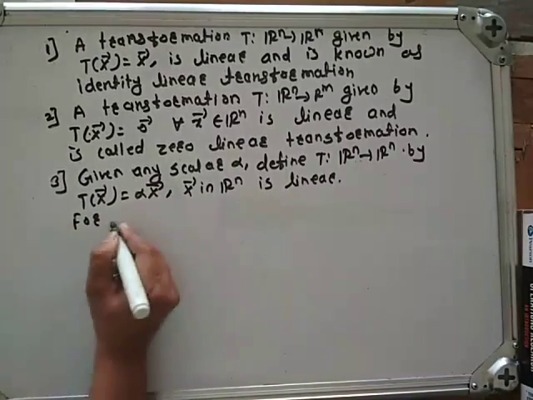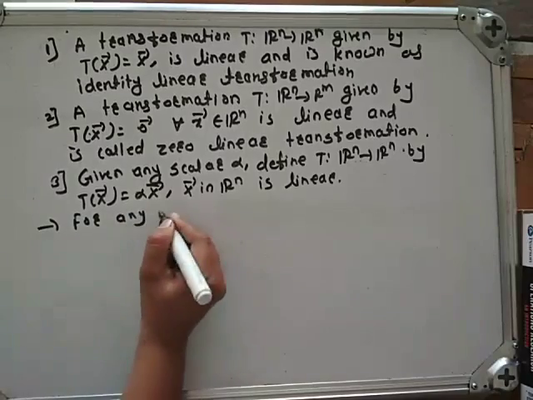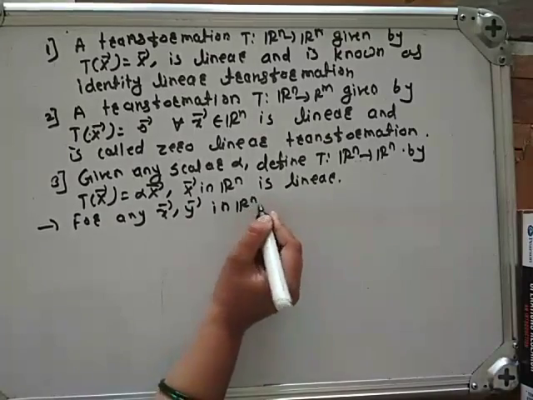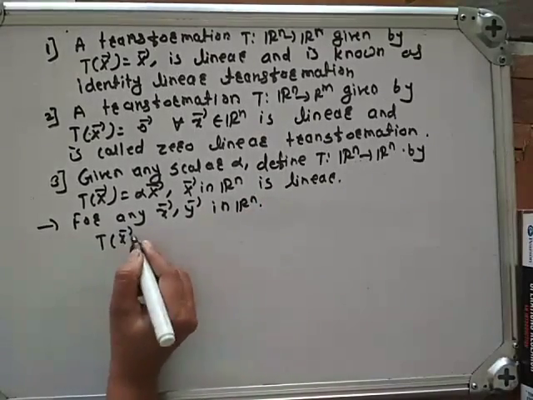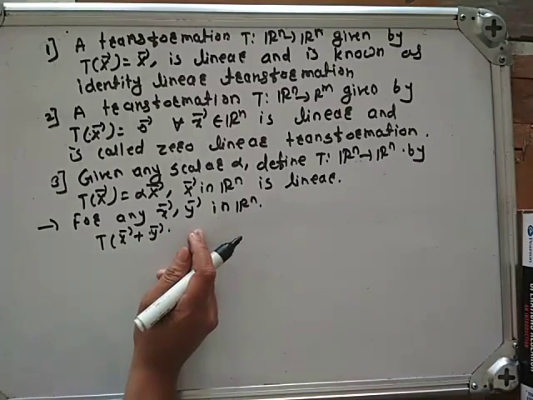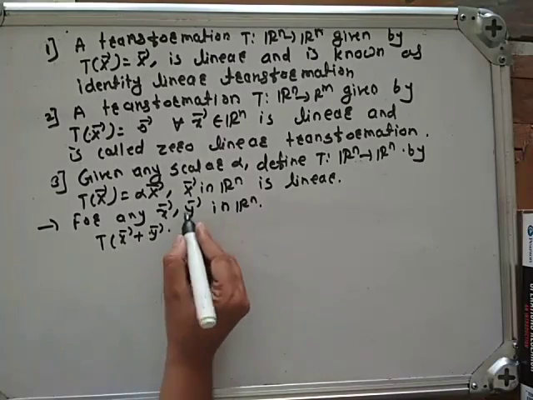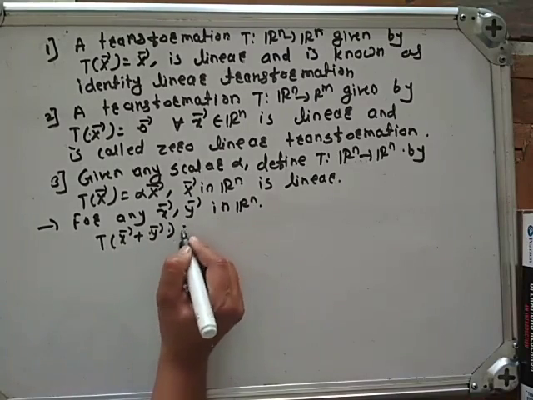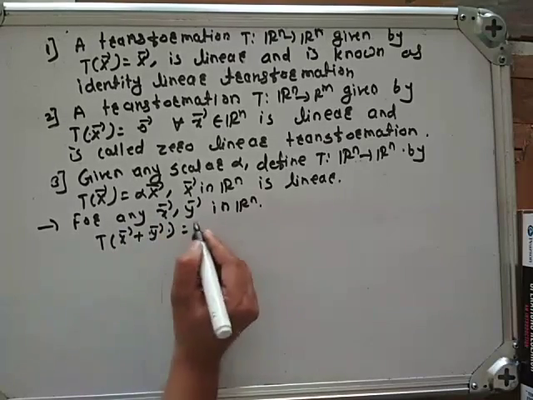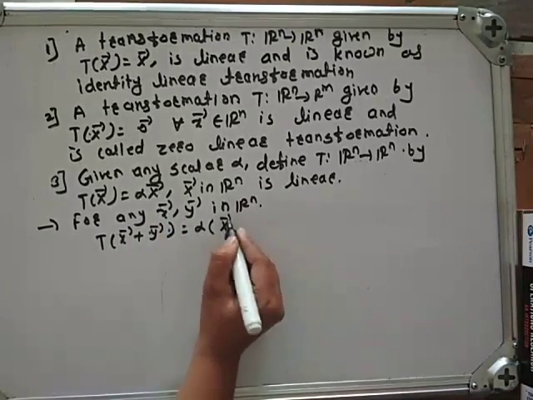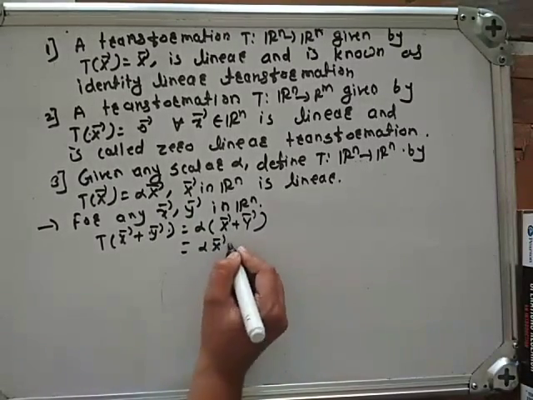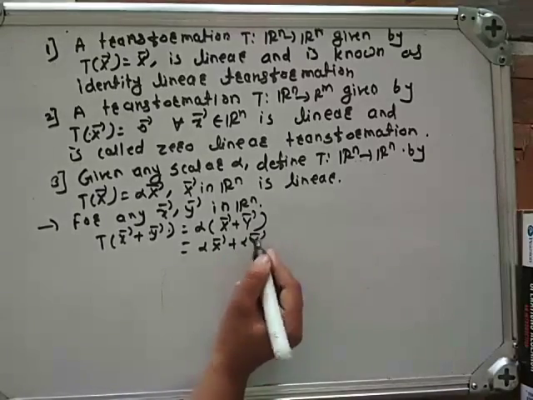For any x bar, y bar in Rn, T of x bar plus y bar is equal to alpha into x bar plus y bar, which is equal to alpha into x bar plus alpha into y bar.